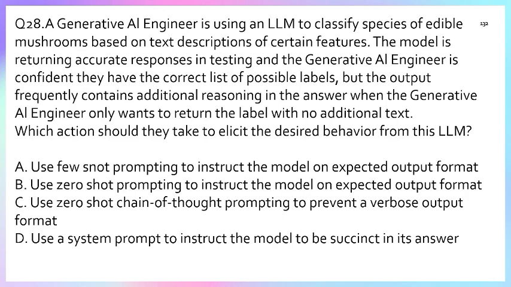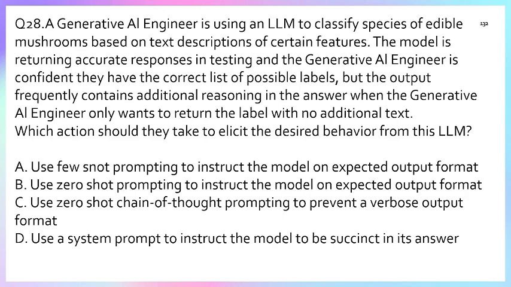Option D, use a system prompt to instruct the model to output only the label. The system prompt is a good way to set the overall tone and behavior of the model. Whatever you write is an instruction for the model.